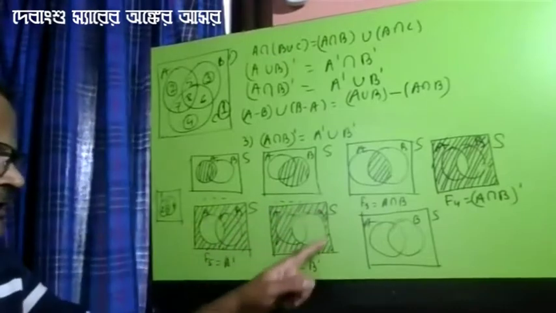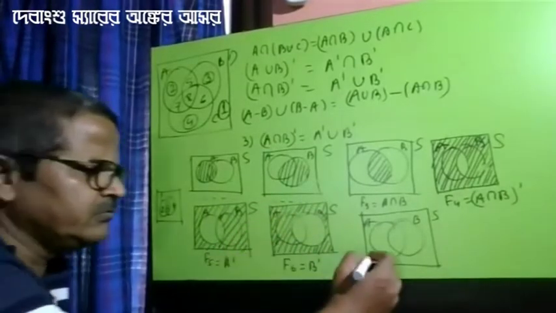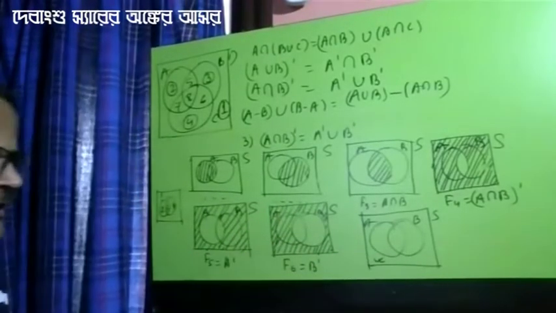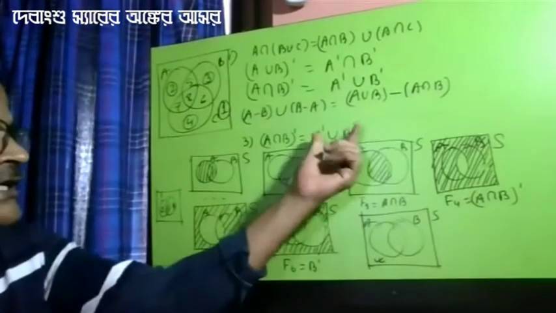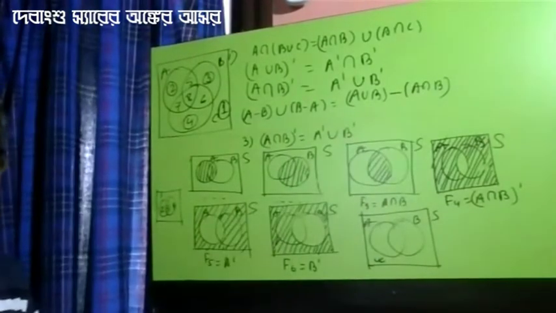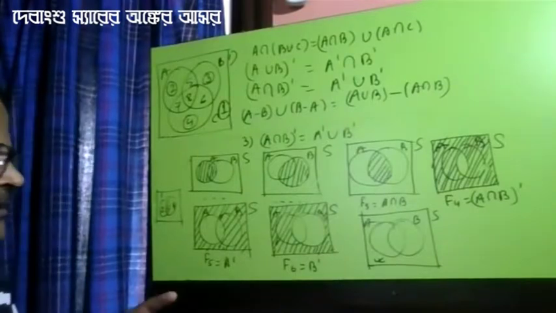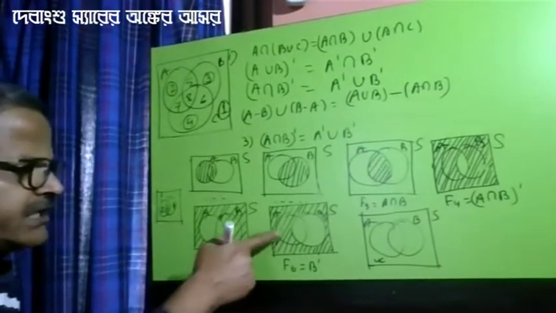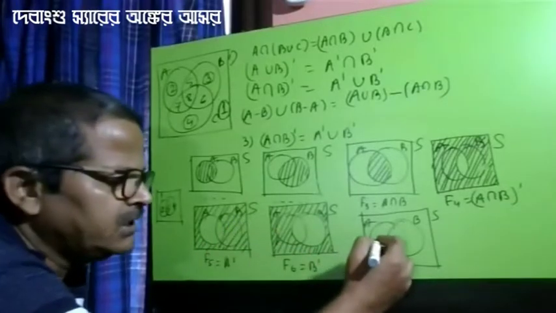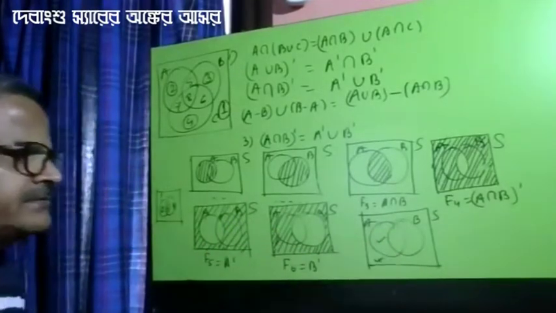The portion outside both the circles is included in both the diagrams, so this portion must be considered. Since you are taking union, any portion in either of the sets will be considered. Now see the portion 2, not included in this diagram but included in this diagram, so 2 will be included here.